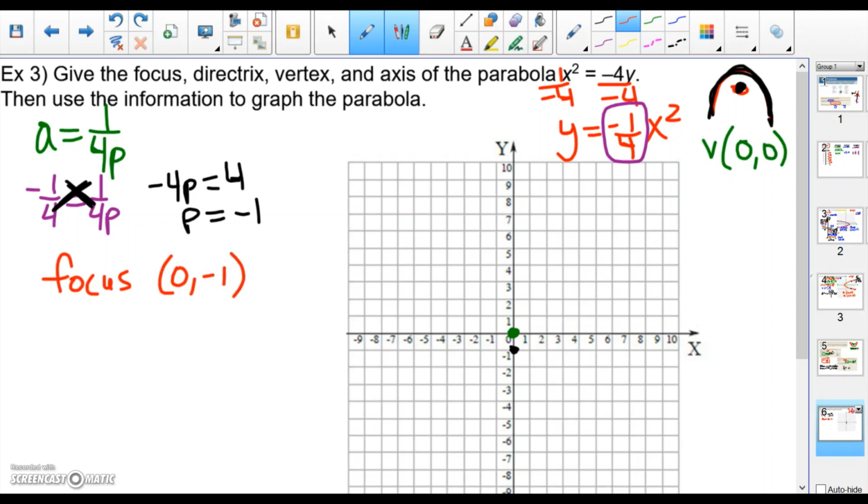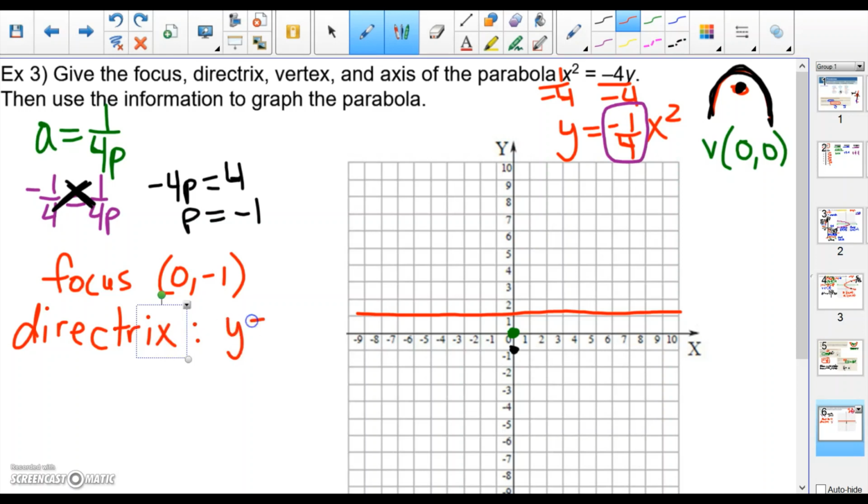Now the directrix is just going to go in the opposite direction. So it's still a distance of 1, but it's in that other direction. It's in the positive direction. So we can draw it in right here is the directrix, and that's going to have a y equation. Directrix y equals 1.